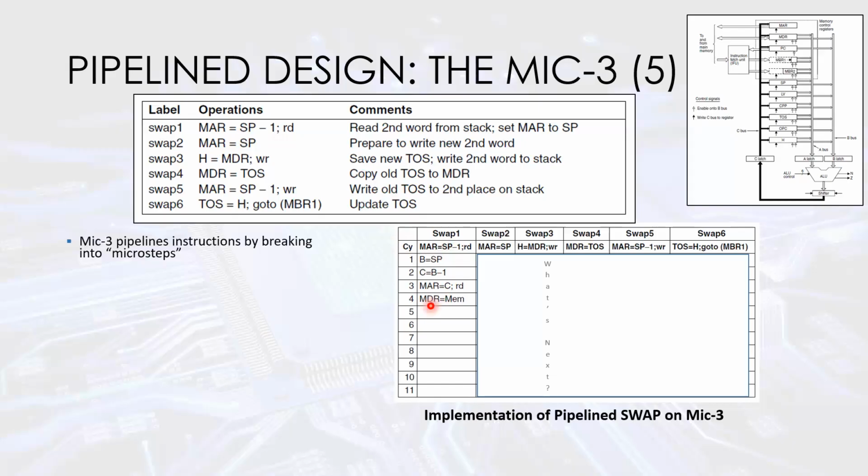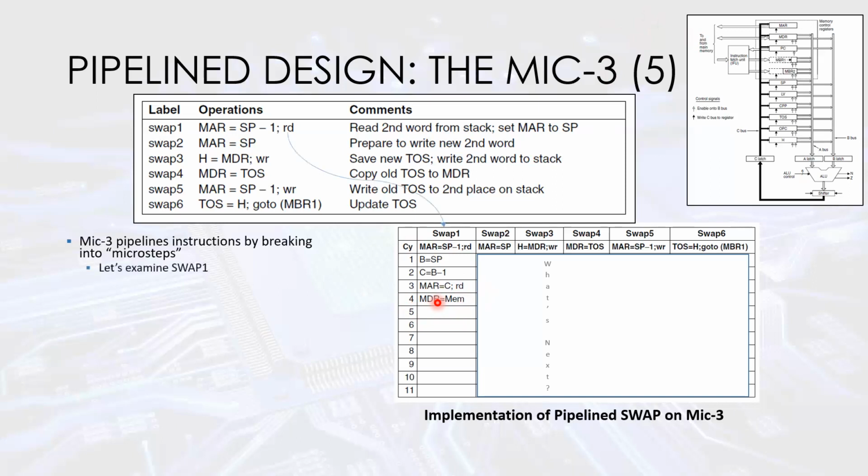Then in the next cycle we go out to memory, and whatever was in that memory comes back into the MDR. We'll say it's ready there at the end of the next cycle. That's how we would break down this simple instruction.